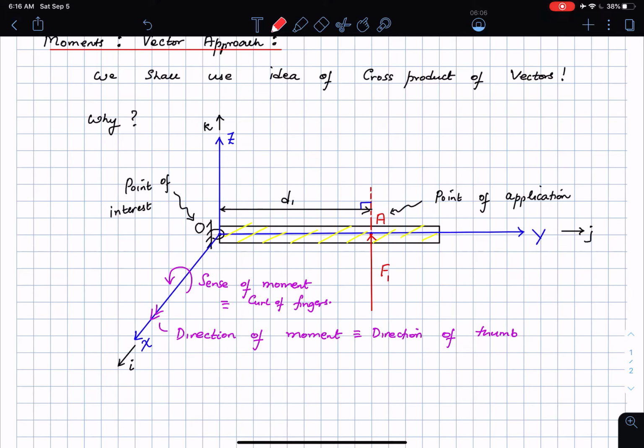We said that first of all, the magnitude is the magnitude of the force times the perpendicular distance. The direction is given by the right hand rule. So I can say that the moment of the vector force F1 about the point O, written as a vector, is its magnitude times the unit vector i.